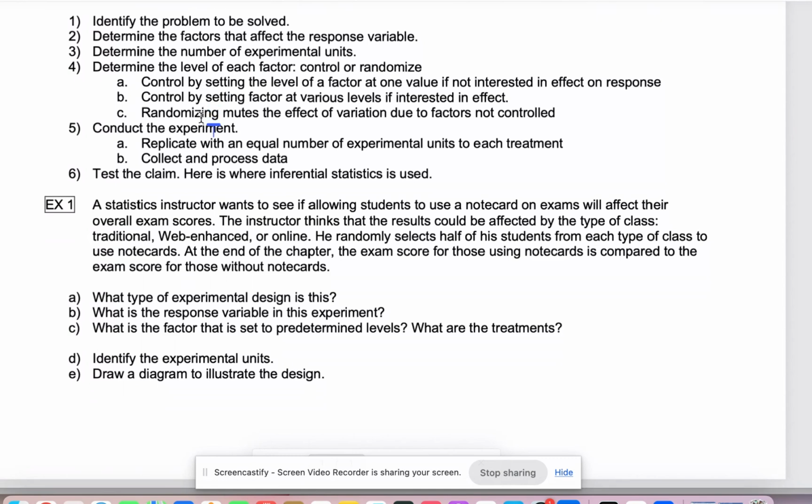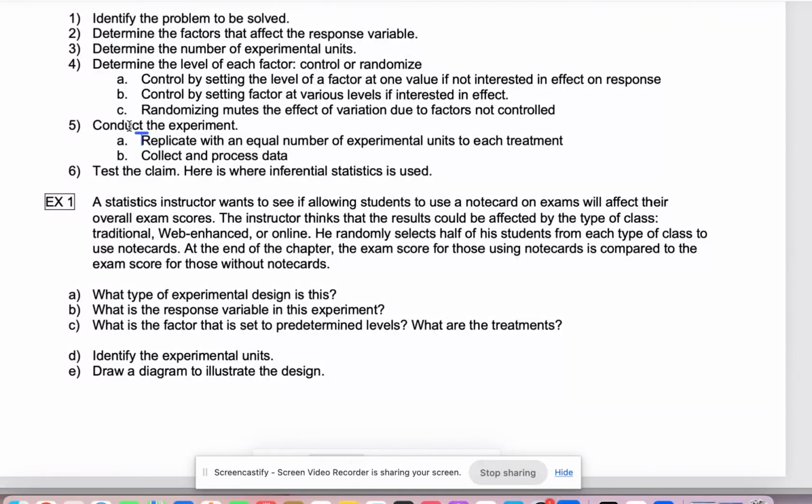So when you think about the factors that affect the response variable in step 2, then I have to determine the level of each factor. So am I going to control that factor, or am I going to randomize that factor? It's controlled if you set the level of a factor at one value for everyone.